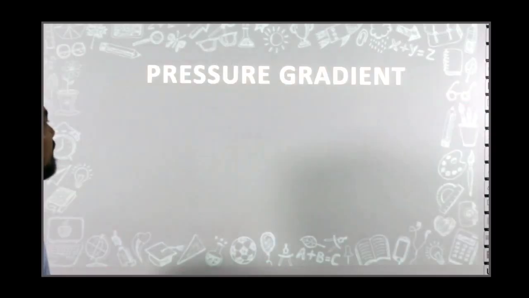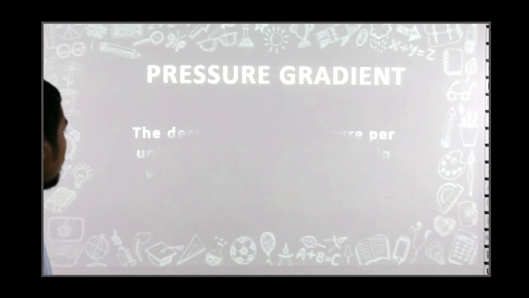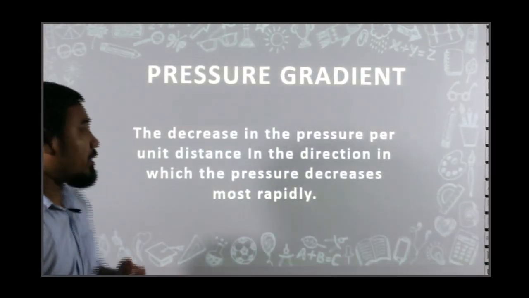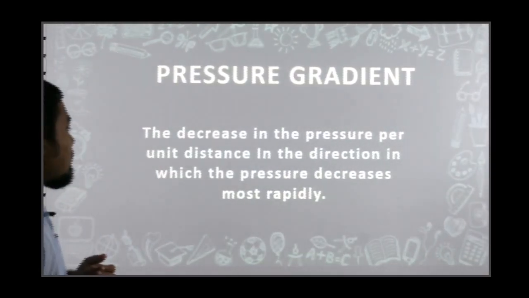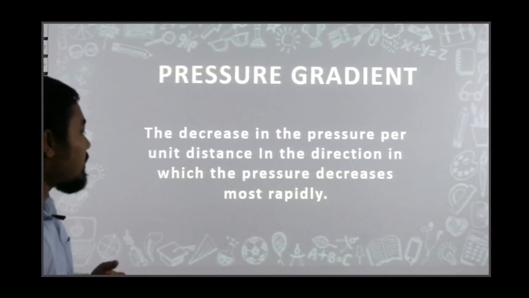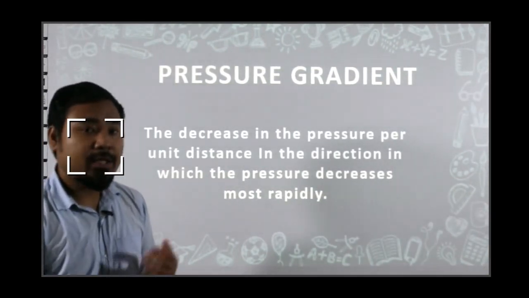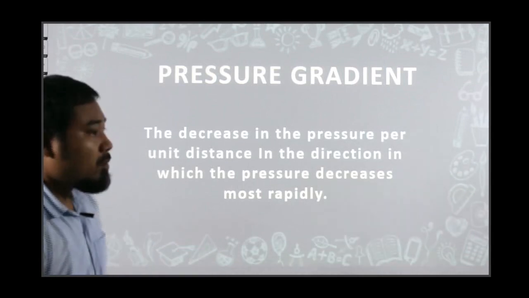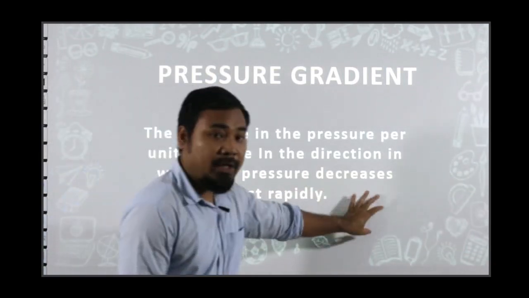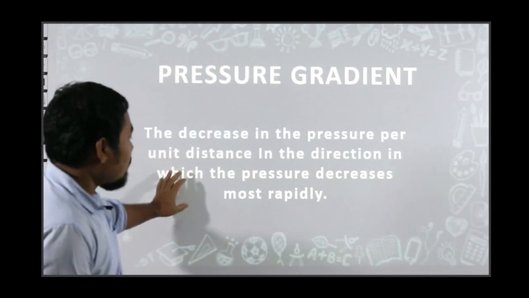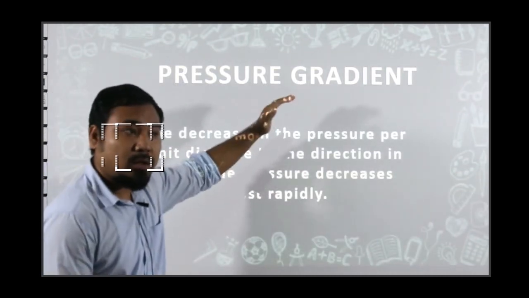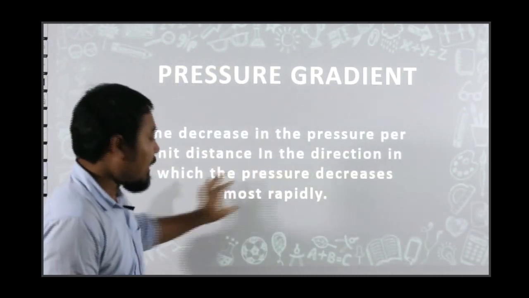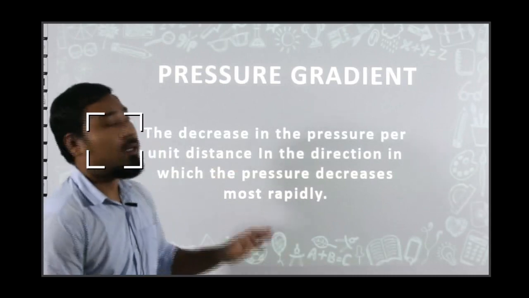Let us go to the next topic, pressure gradient. The decrease in pressure per unit distance in the direction in which the pressure decreases most rapidly, that is your pressure gradient. In simpler words, take station A and station B. The difference of the pressure between A and B is your pressure gradient.